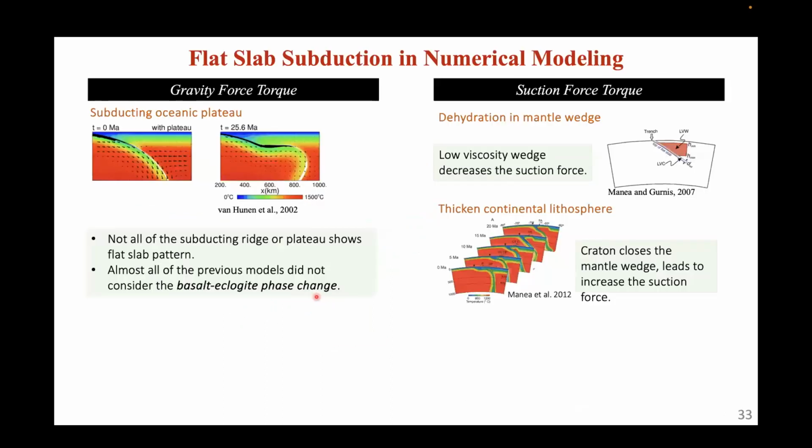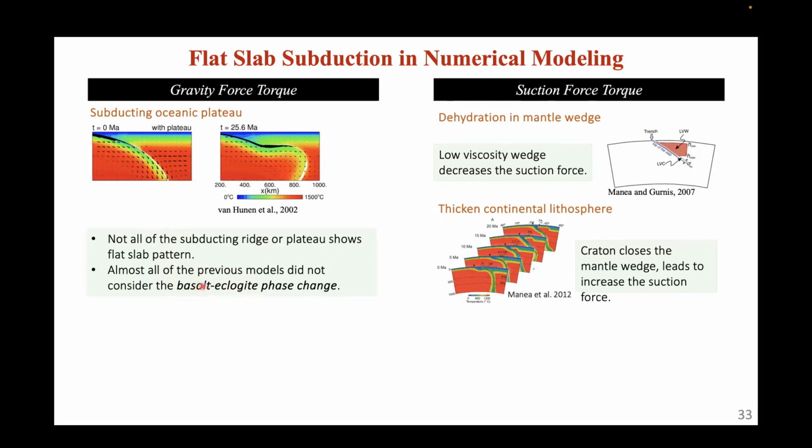To generate the flat slab, there are several attempts in the community, and usually they require reduction of the gravitational torque in the subducting slab. The most important reduction of gravity is by removing the effect of the basalt to eclogite phase change. Basalt is less dense than the peridotite, than the mantle, so it provides a buoyancy force.